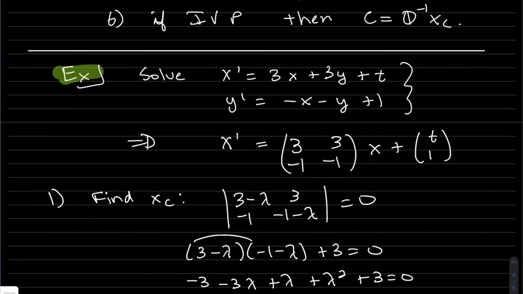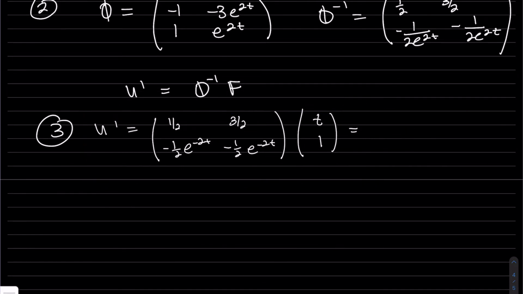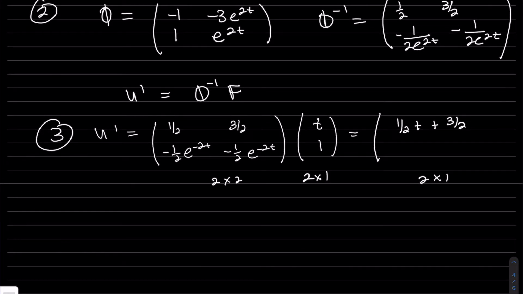Yeah, right here. So we're multiplying those. Just do this times this for our first row. And then this times this for our second one. Again, this is a 2 by 2, 2 by 1. This will be a 2 by 1.